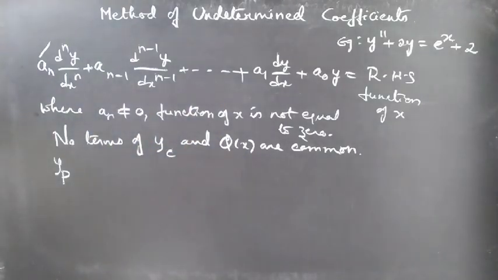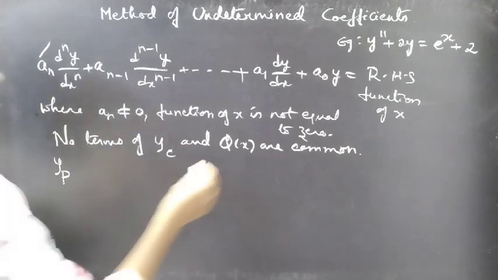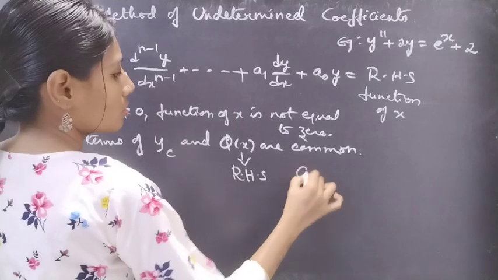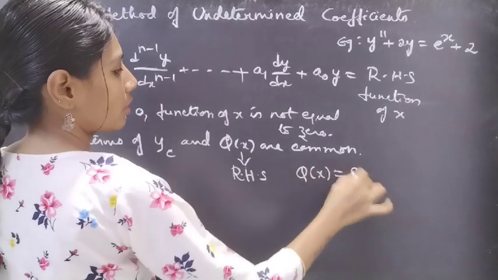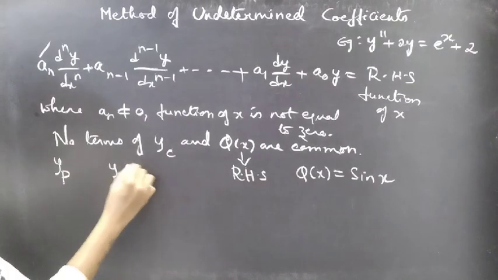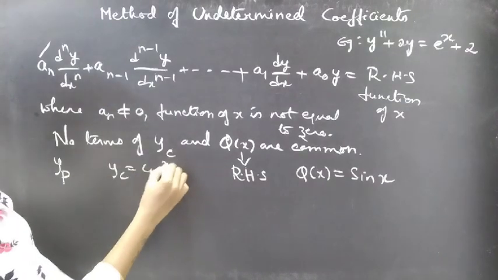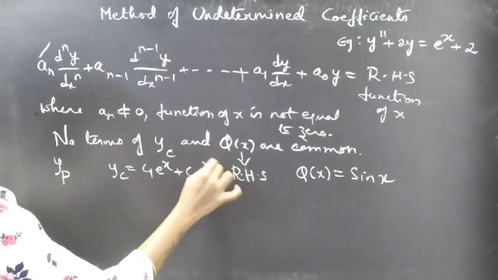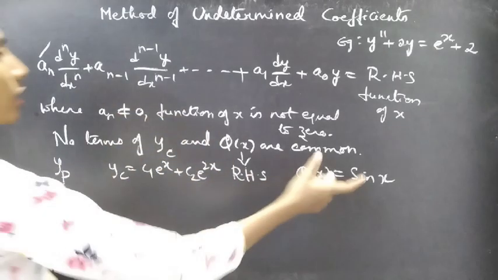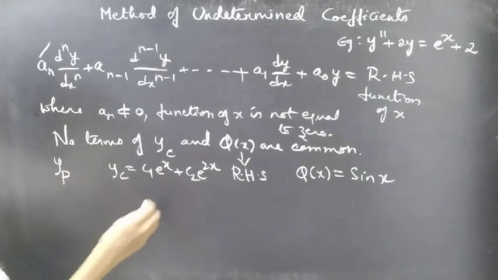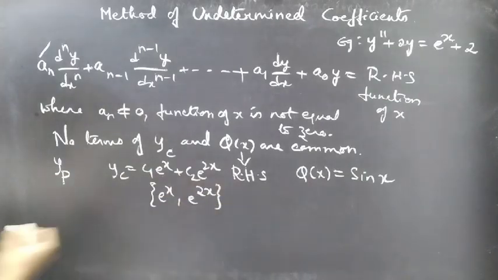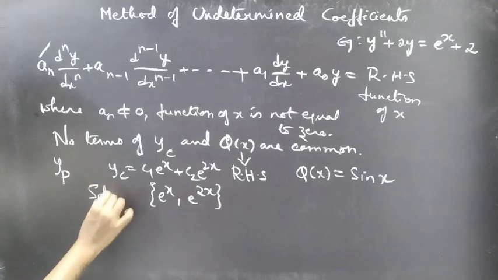We'll see that. Suppose we have q of x, that is the RHS part, say q of x equals sin x, and yc equals some c1 e^x plus c2 e^(2x), say. Now observe yc and q of x. In yc we have functions of x, e^x and e^(2x); you can call it the solution set.